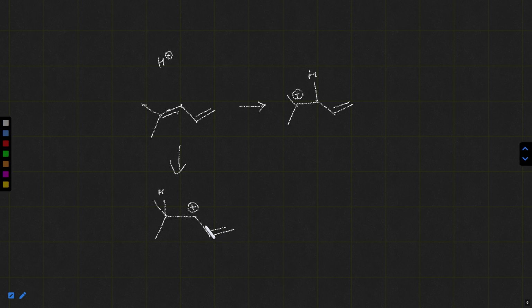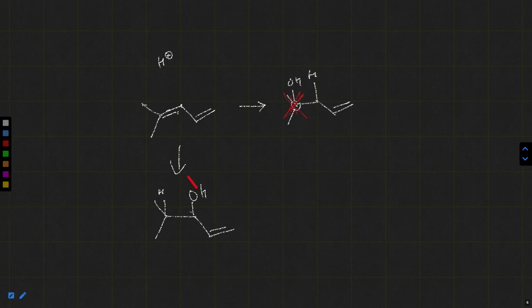Now, according to your simple Markovnikov rule, the rule you must have seen twice or thrice, you would say that this is the more substituted carbon, so the positive charge will be more stable here and the OH will attack here. Means you will directly attach the OH here, because you will say that this one is more substituted carbon, so the negative part will go to this. But instead OH will be attached here and not here.